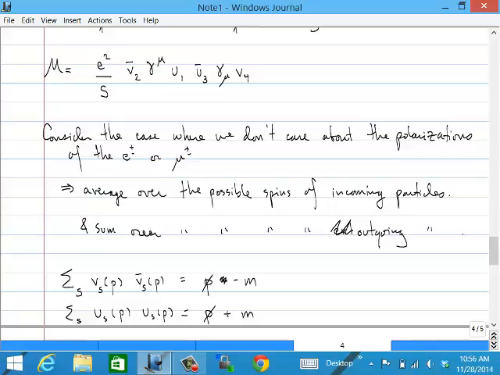If you don't know what the initial state is, then there's a 50% probability that it's one state and a 50% probability that it's the other state. So you take 1/2 of the amplitude with one possible spin plus the amplitude with the other possible spin. You don't average for the outgoing also because you just want the total number of muons that comes out, say, at a particular angle. Okay. Is that more or less clear?